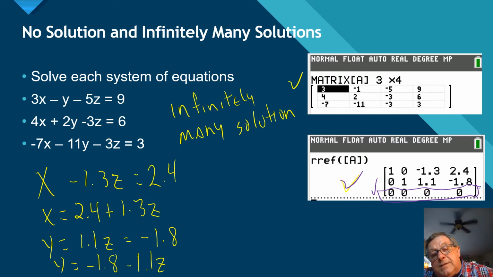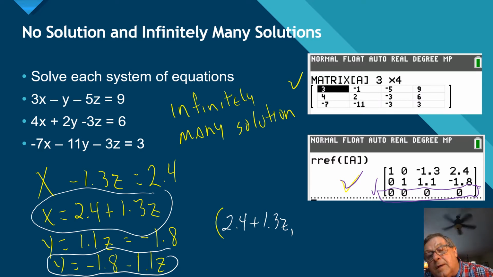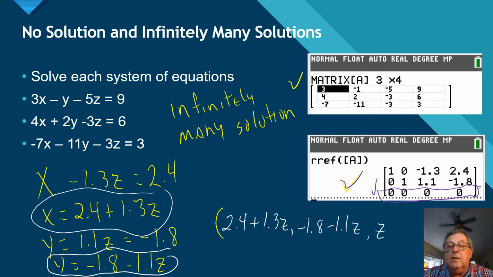Well, like this. So x is going to take on what we found right there, 2.4 plus 1.3z, comma, and y is going to be that, negative 1.8 minus 1.1z, and then finally, comma, z.